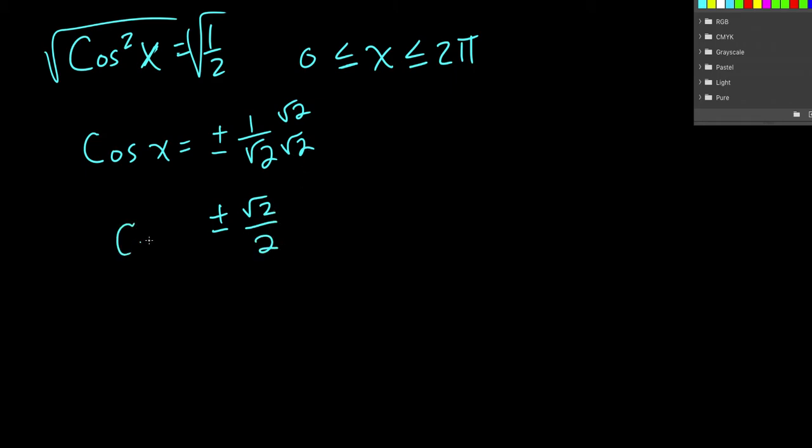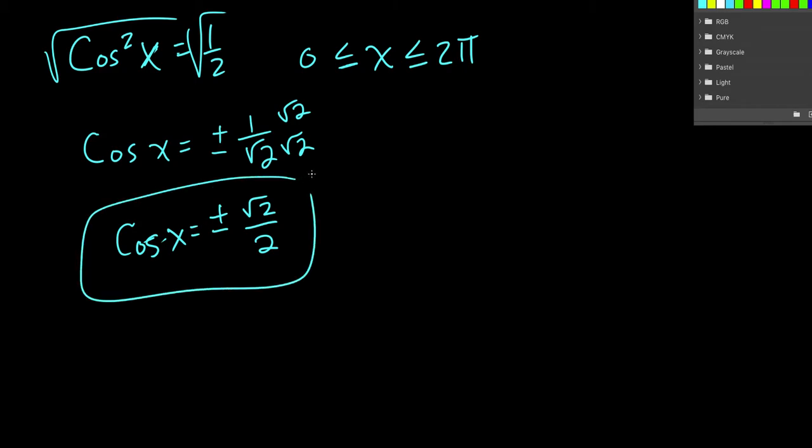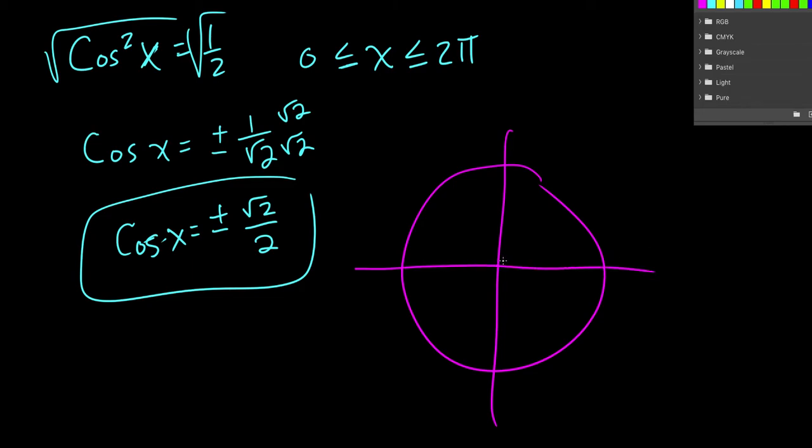Okay, and now that lines up with how we memorized the unit circle. So this is what we're looking for. If we do a unit circle, it's our second tick mark, the one right in the middle. So we have these ones, right? This is square root of 2 over 2, comma, square root of 2 over 2. And we're focusing on the x values, right?